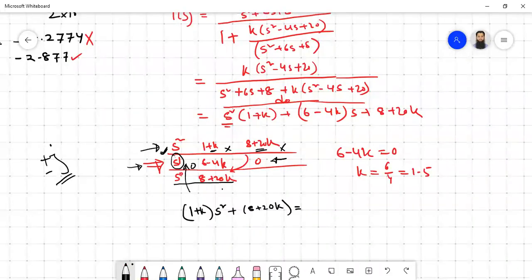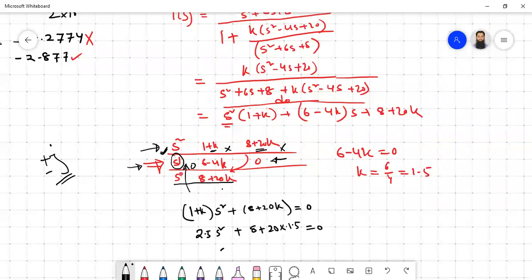So okay, now so this is the case. Now your value of k is 1.5, so basically 2.5 s square plus s8 plus 20 into 1.5. I think it is 30. Okay, so 30 plus 8, so 38.